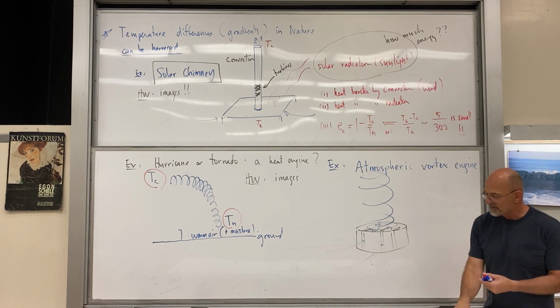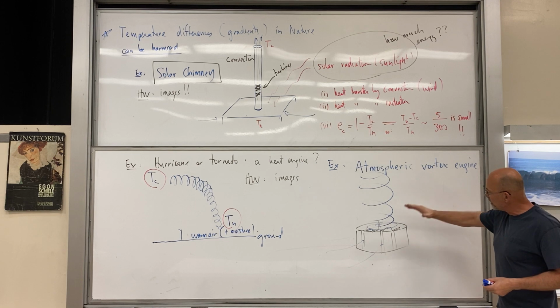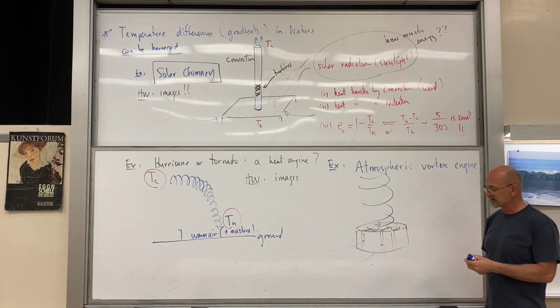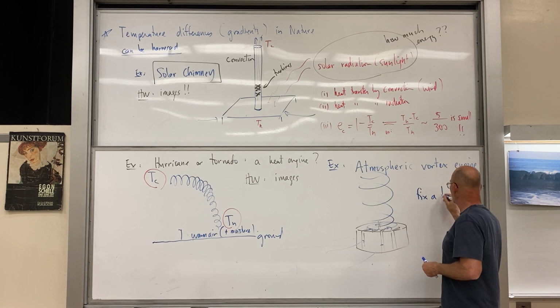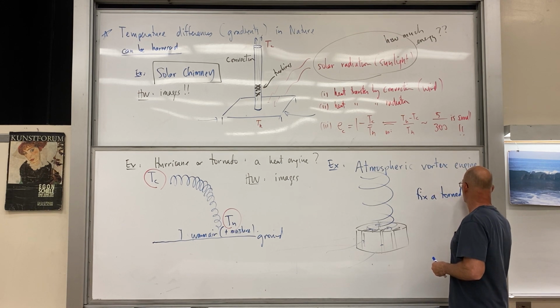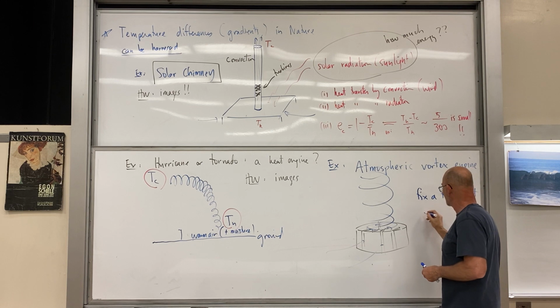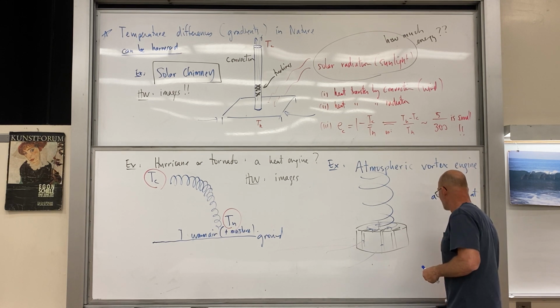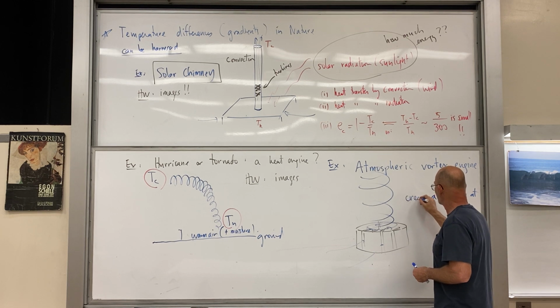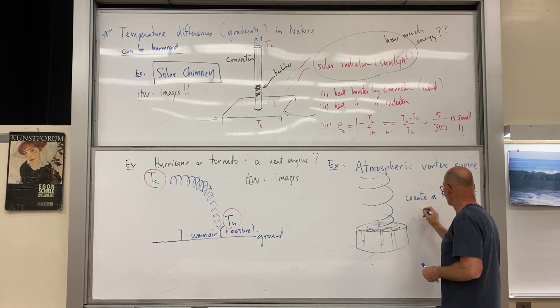But the idea of the atmospheric vortex engine is to hold a tornado in one place. So fix the tornado at, or hold a tornado at a fixed location, or create a tornado at a fixed location.